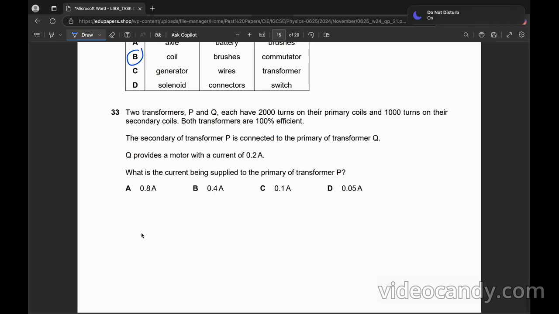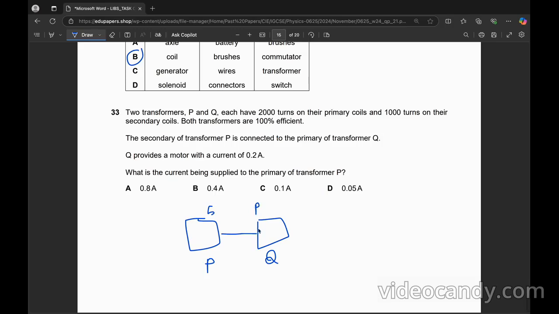So I will draw a diagram here. Let's call this transformer P and let's call this transformer Q. And let's say this is the secondary coil because it is going to be connected to the primary coil.